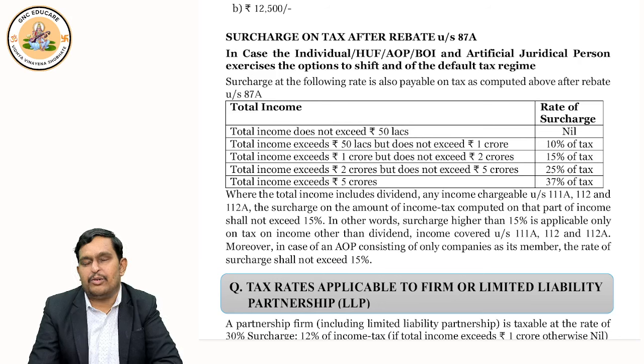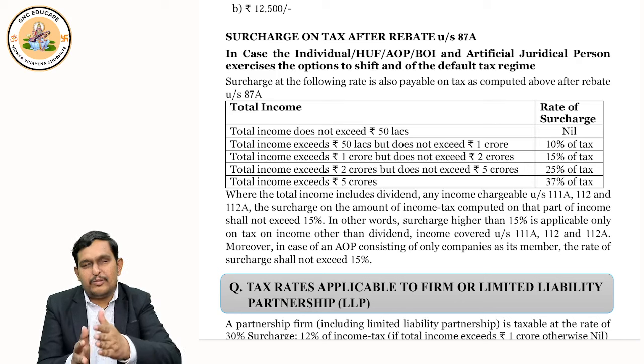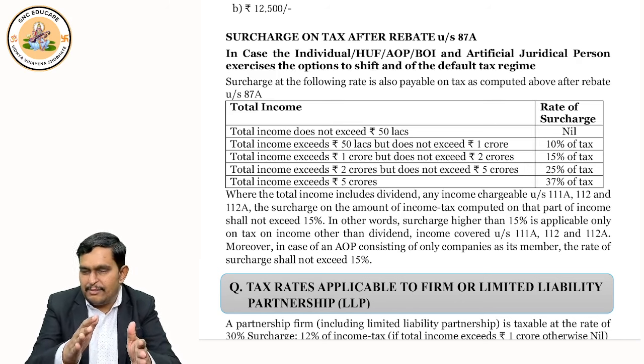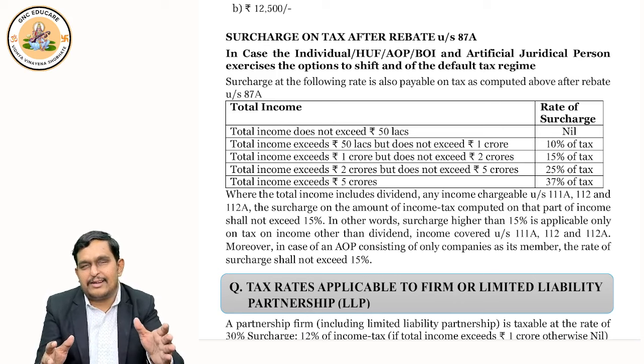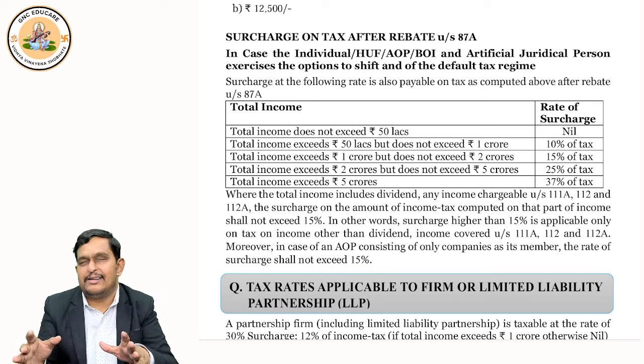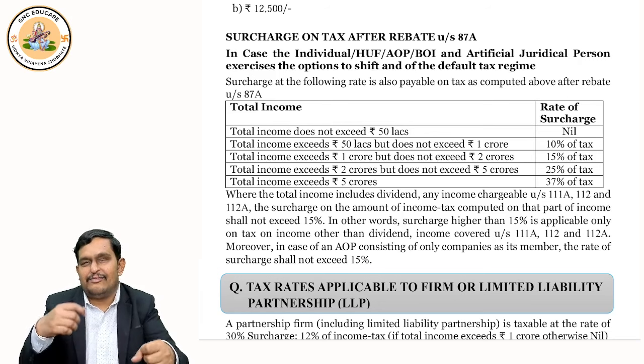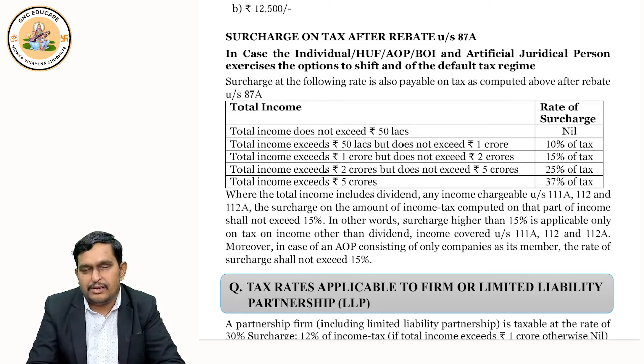But suppose any of these four incomes come, dividend, 111A, 112, 112A, then these incomes should be kept separate, and other incomes should be kept separate. Then you have to apply surcharge at a separate rate on both.